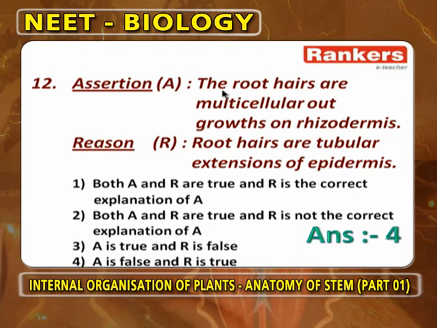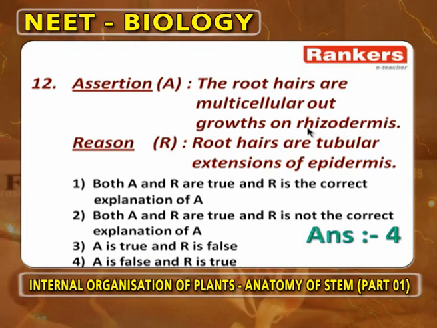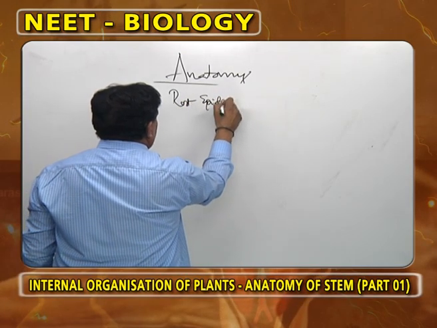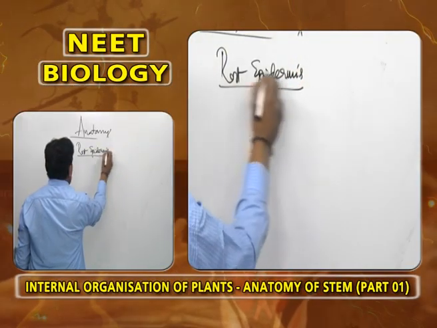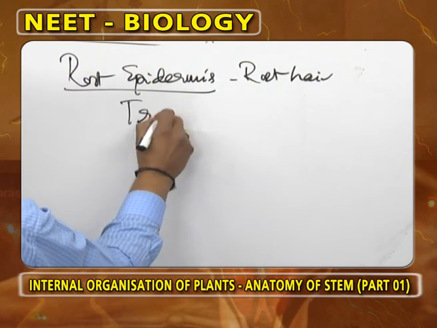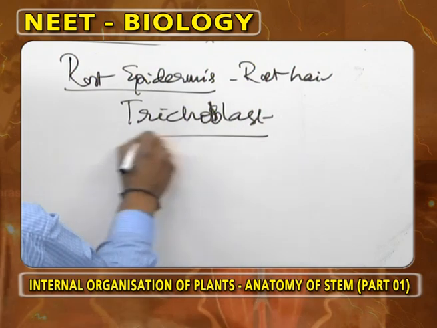Another assertion reasoning question. The root hairs are multicellular outgrowths of rhizodermis. Rhizodermis, epiblema, and piliferous layer are the names given to the root epidermis with root hair. Some of the epidermal cells give rise to root hair. Any epidermal cell that gives rise to root hair is called a trichoblast. This is also important.